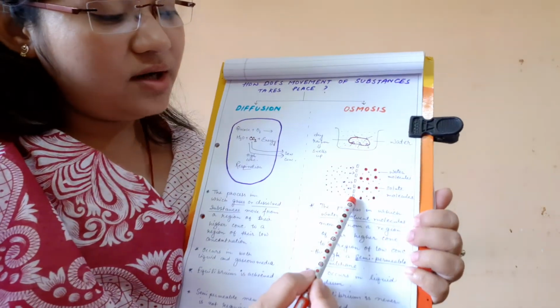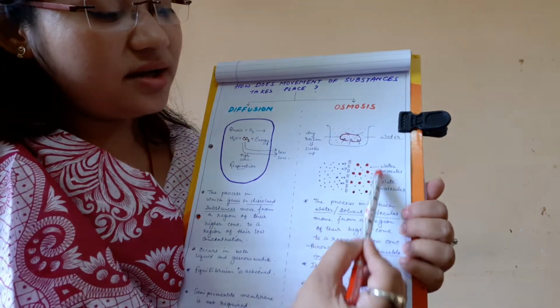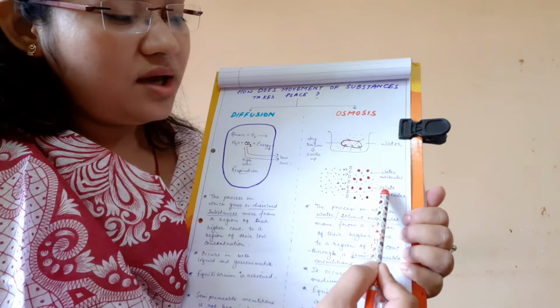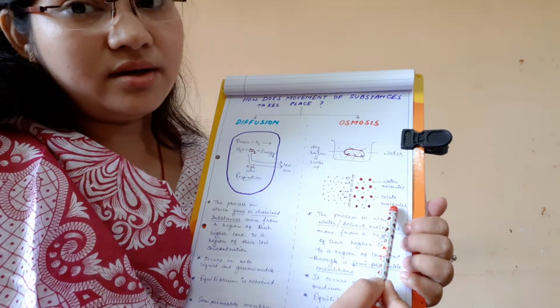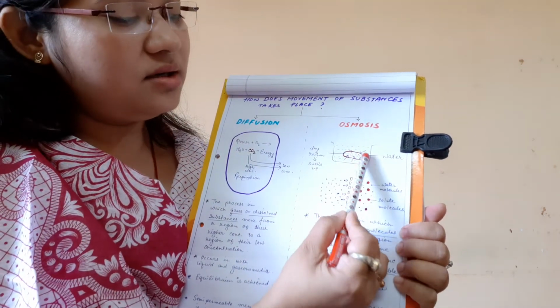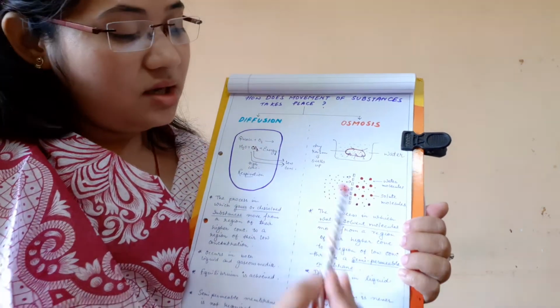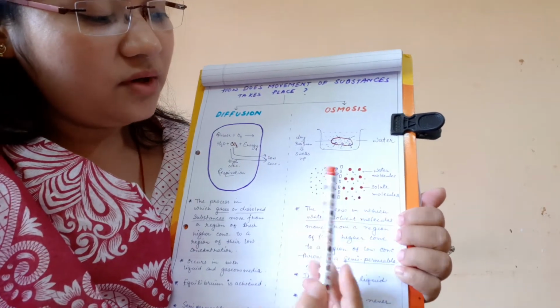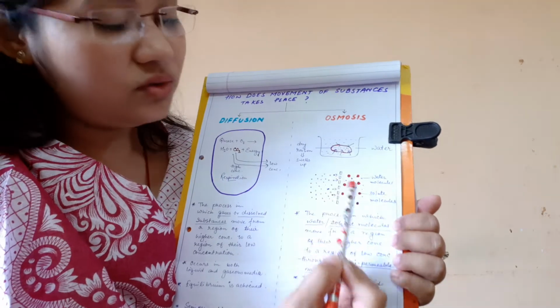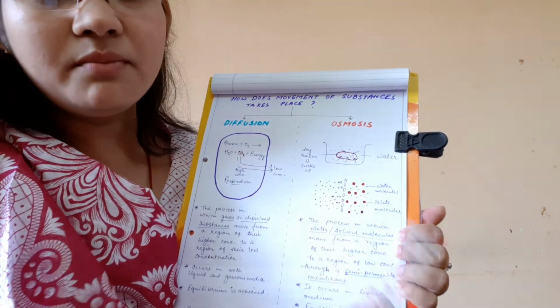Let us come to this figure. Suppose this is the resin. The resin has very few water molecules, and solute molecules are there. Whereas this is the external medium that consists of water. After some time, water can easily diffuse in through the semi-permeable membrane.